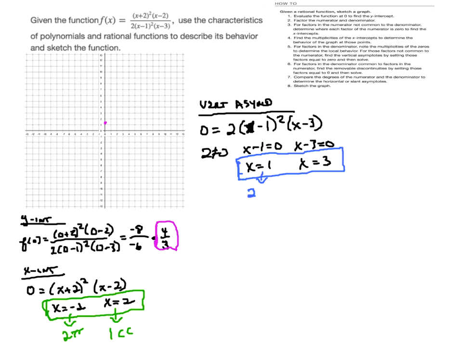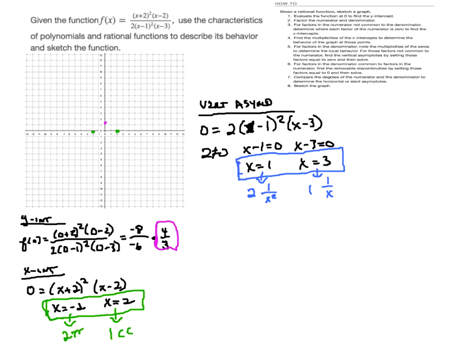Here x is 1. Here x is 3. So I have 2 vertical asymptotes. This one had a multiplicity of 2, which means it's going to act like 1 over x squared there. This one had a multiplicity of 1, which means it's going to act like 1 over x at that asymptote.